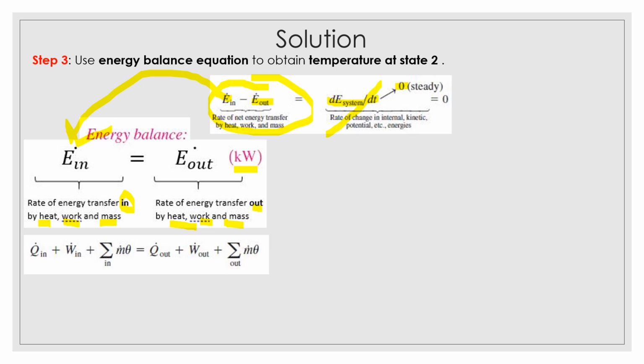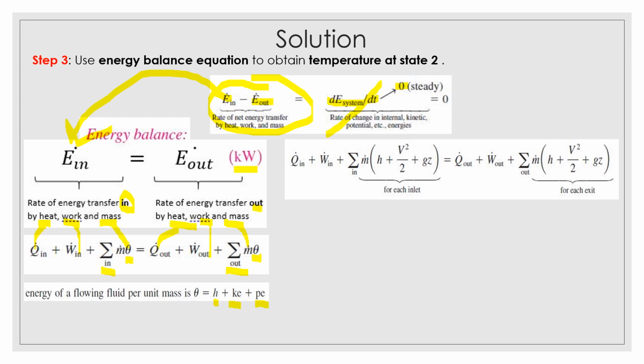After that, we expand the energy balance from E in equal to E out to become Q in, work in, and mass flow rate for inlet, and Q out, work out, and mass flow rate out for outlet. And then we substitute the data using this equation: enthalpy, kinetic energy, potential energy, and finally we can get the full equation for the energy balance like this.